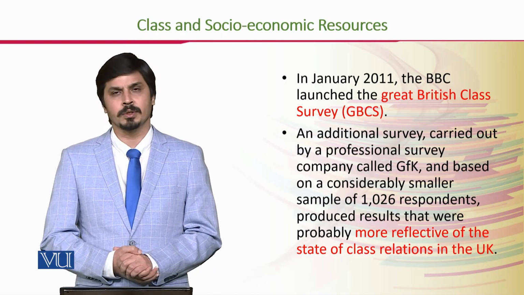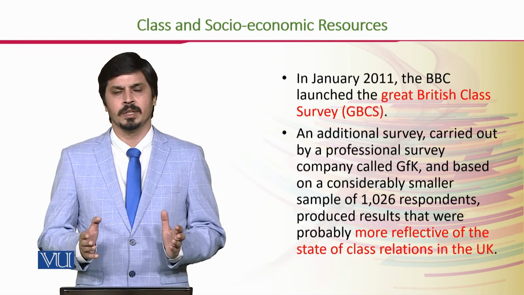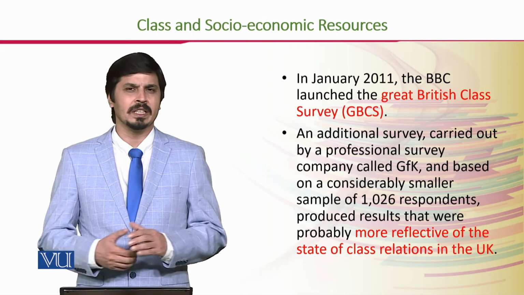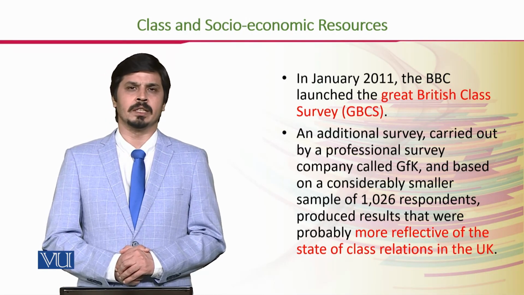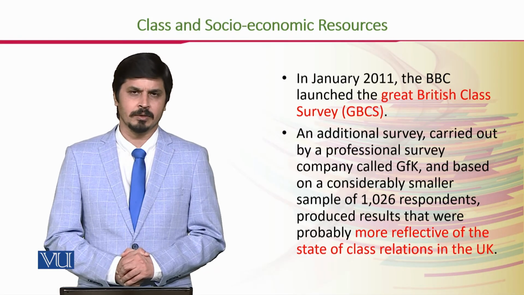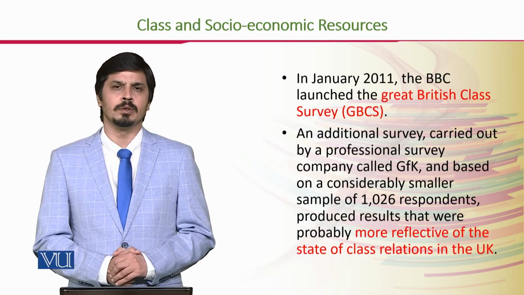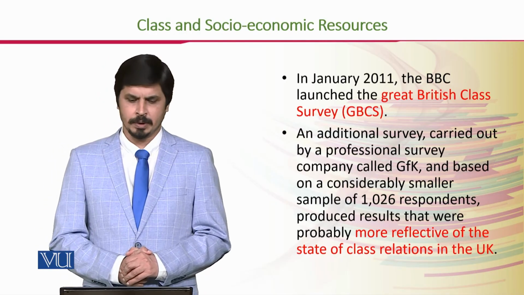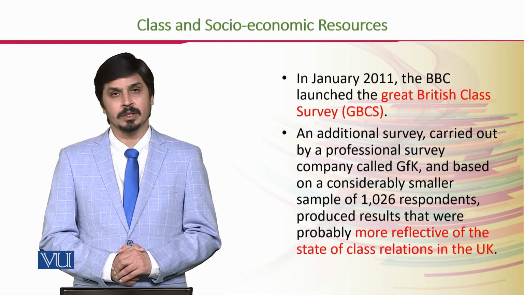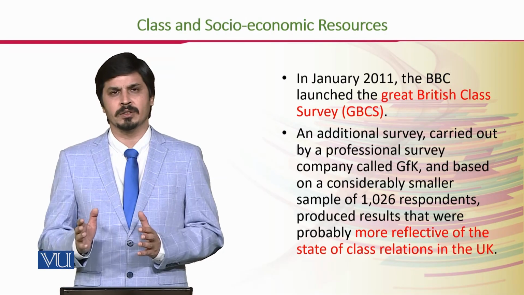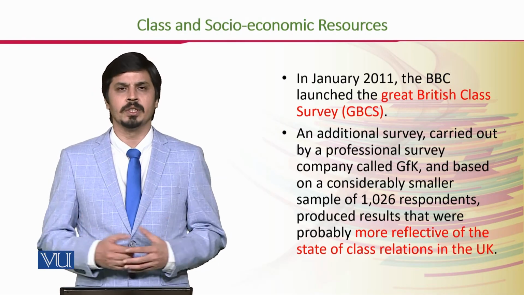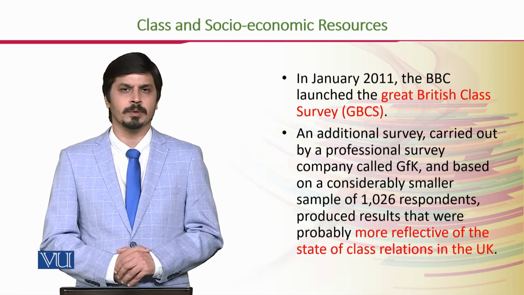This company also included a relatively smaller number of participants as compared to the BBC survey, but the results were quite similar. This survey included only 1026 participants, but this was quite similar to the findings of the BBC survey, which was larger and more reflective of British society.